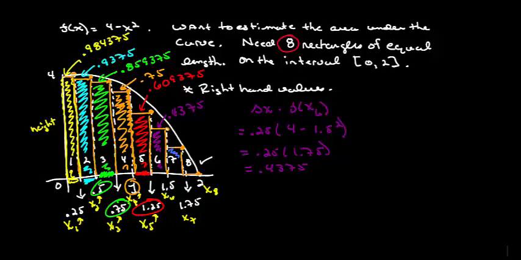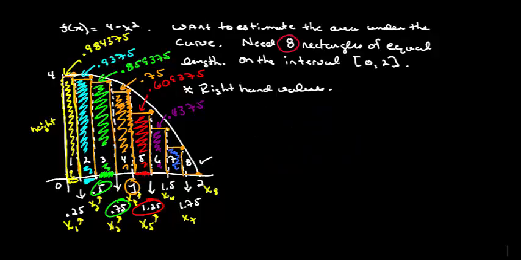Rectangle number 7 will be here in blue. If I do a whole lot more rectangles, I'm going to run out of colors. That's delta x times f at x7. So it's 0.25 times 4 minus the right-hand value, which is 1.75, squared, because that's the function.